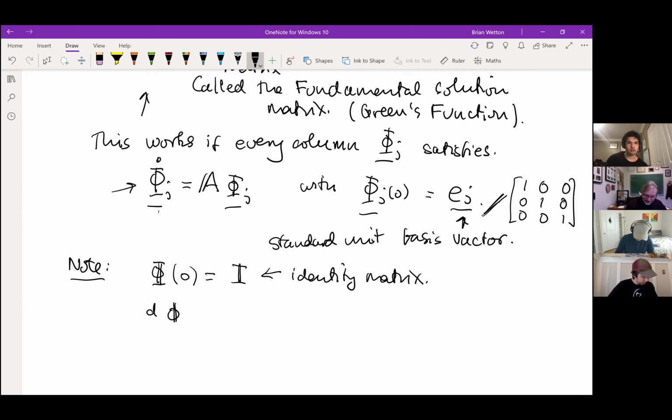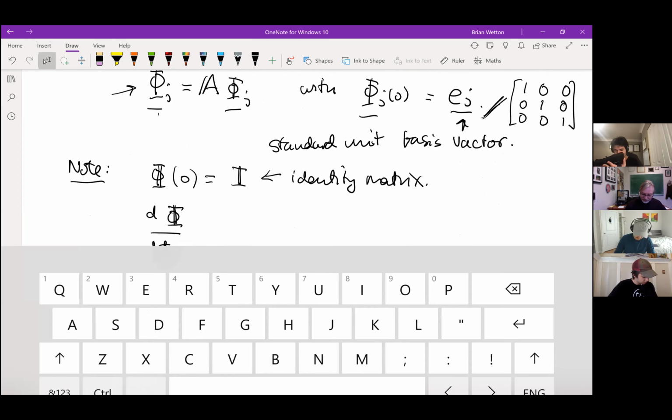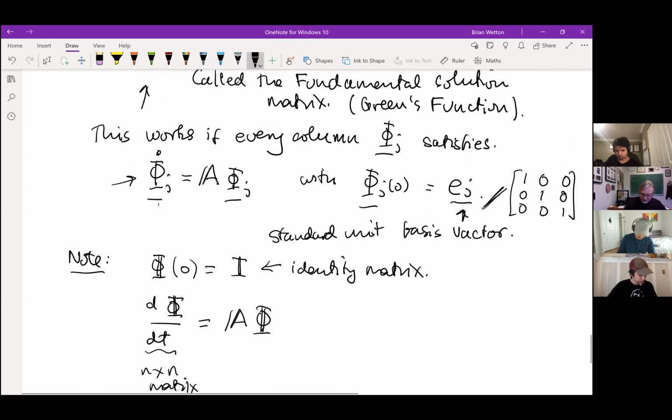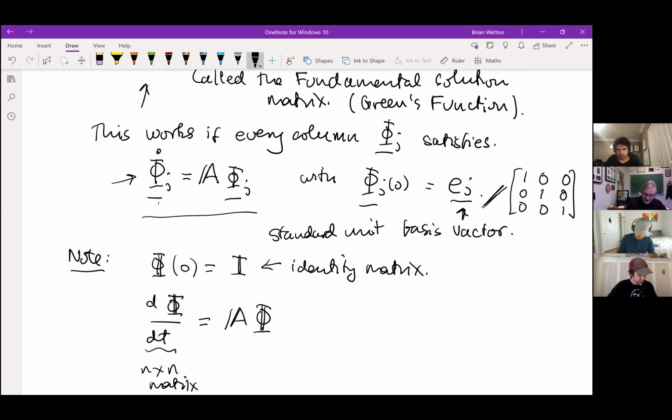That if I take the derivative of this matrix, right? It's going to be, well, this is an n by n matrix. It's going to be the matrix A times this matrix. Well, I just look column by column.